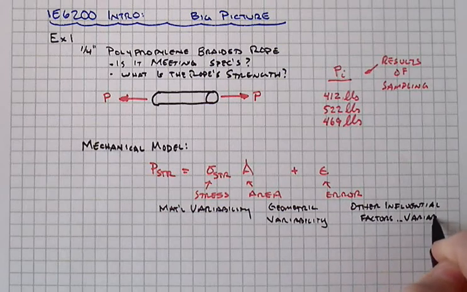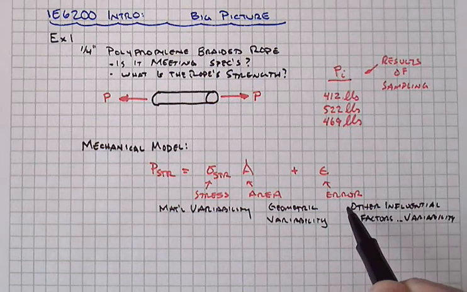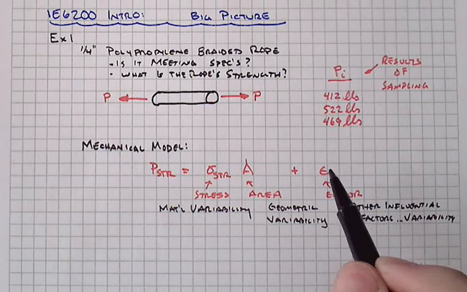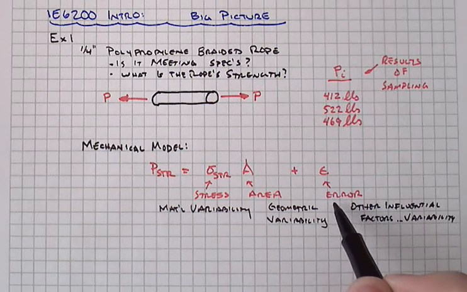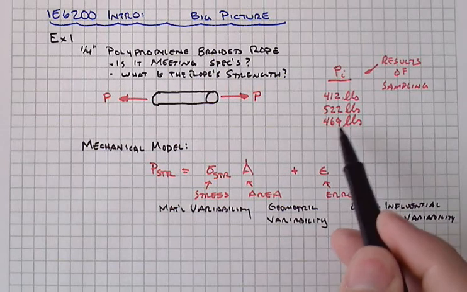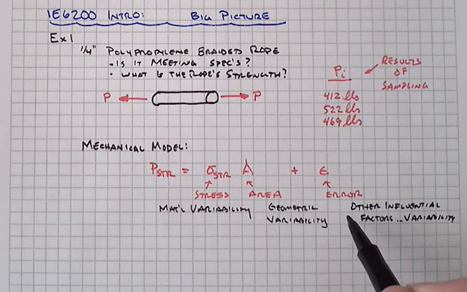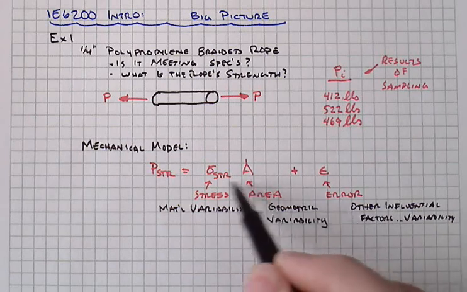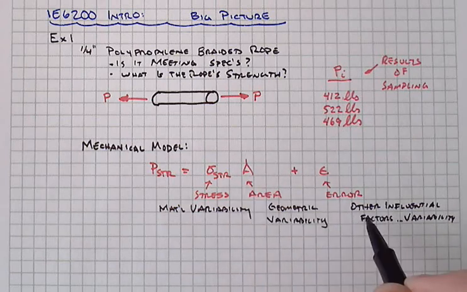Some of that is going to be things such as, have we included creep during this test? Since this polypropylene braided rope is very much subject to creep, we can anticipate that part of the difference in our theoretical results and our observed results might very well be something like creep, and we might want to adjust our model as a result and include some other sort of creep term. Rate of loading, for instance, would be important. Temperature would be important. Right?